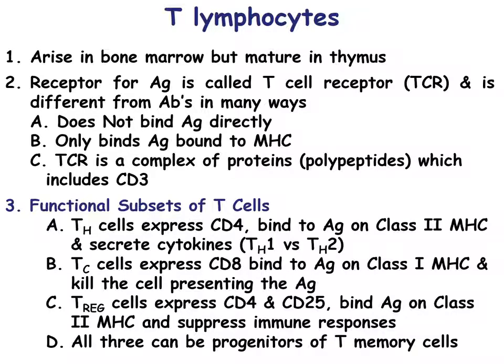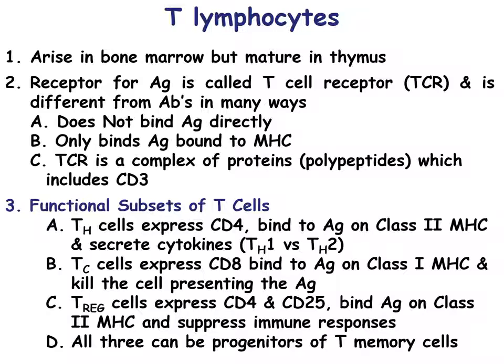All right, now here's where T cells get a lot more complicated than B cells. There are functional subsets of T cells. Okay, T helper cells express CD4, and they will bind to antigen with their T cell receptor on class 2 MHC and secrete cytokines. And yes, there are subsets of T helper cells. For our purposes, we'll just stick with T helper 1 and T helper 2.